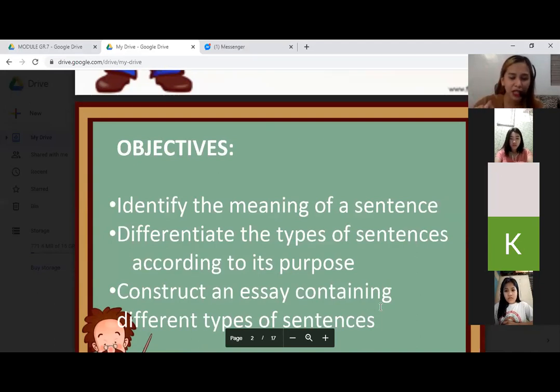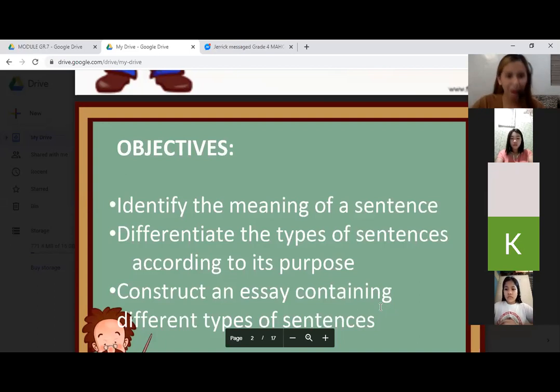In types of sentence according to purpose, yung gamit ng mga pangungusap. Okay? So, let's say, for example, declarative, interrogative, exclamatory, and then imperative. While yung sentence according to structure naman, yun yung tinatawag nating complex sentence, simple sentence. Okay?